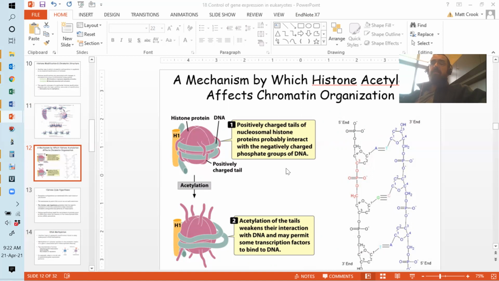And these tags, obviously they change over time, but every time you go through cell division, half of the histones are going to carry those tags. Okay, hopefully that all makes sense.